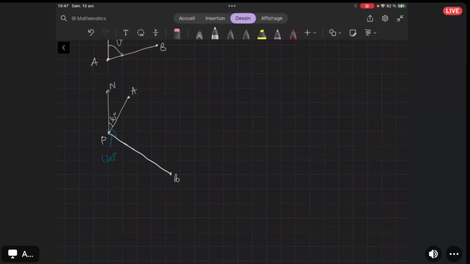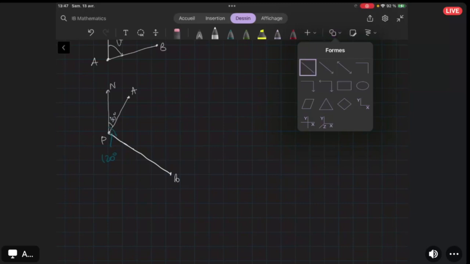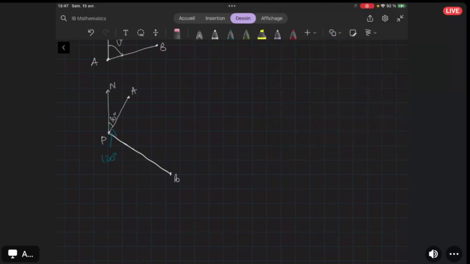Guys, just keep in mind, because I saw some of you write second quadrant. Quadrants go around counterclockwise, but the angle of a bearing goes around clockwise. So that's why it landed in the fourth quadrant, even though it's less than 180 degrees. We also know PA is 70, and we know PB is 140.